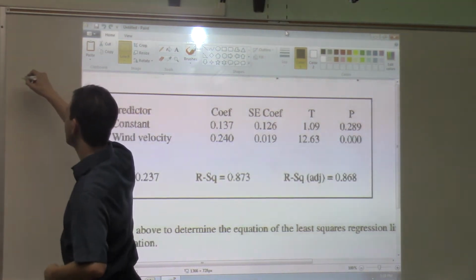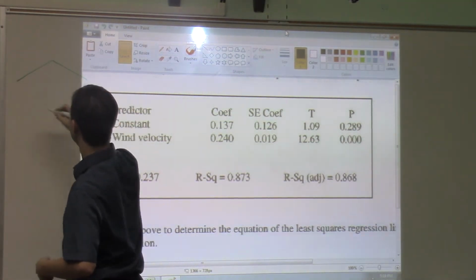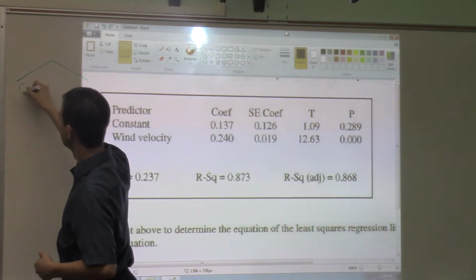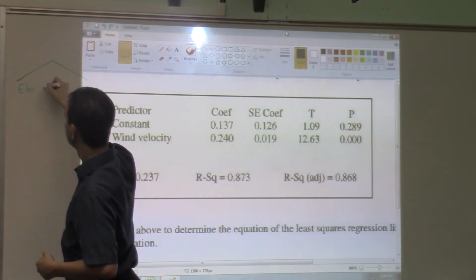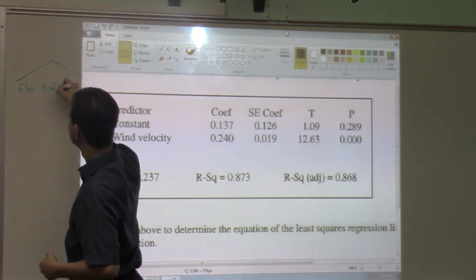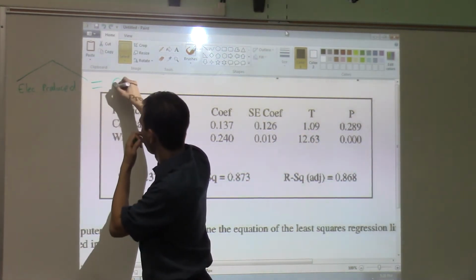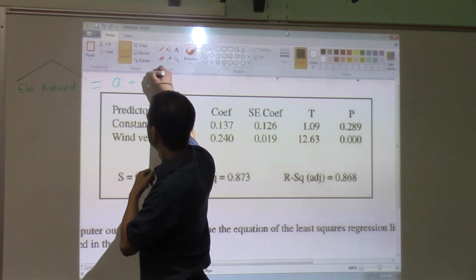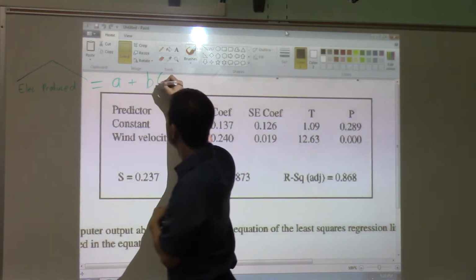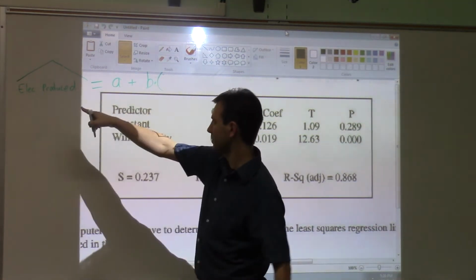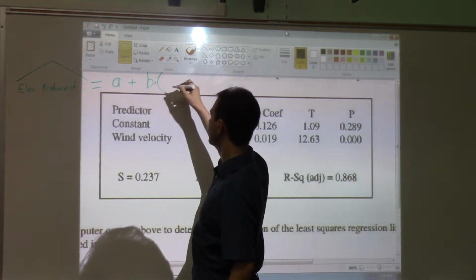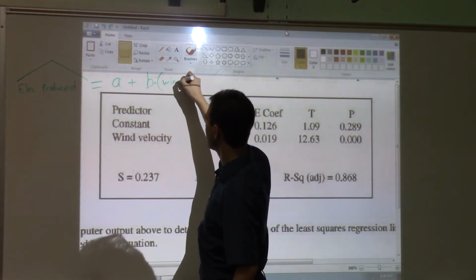So the equation they have in mind is electricity produced equals A plus B times wind velocity.